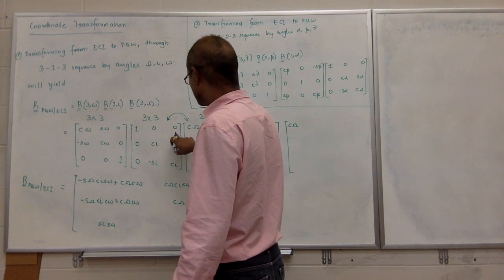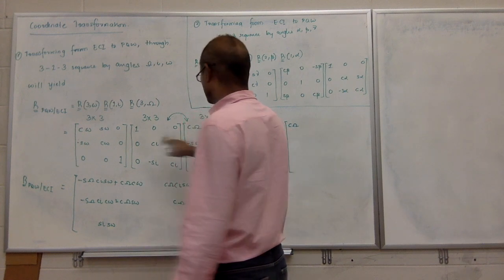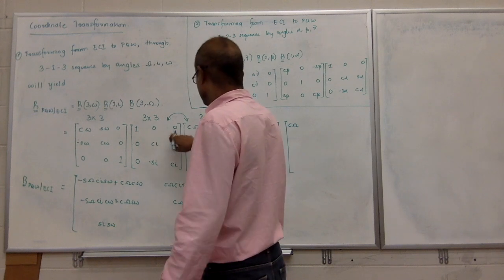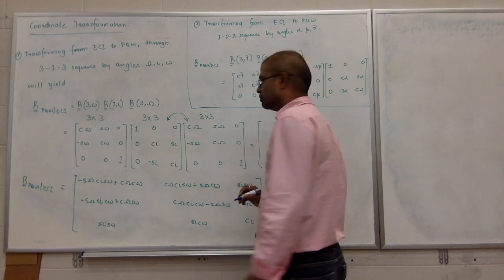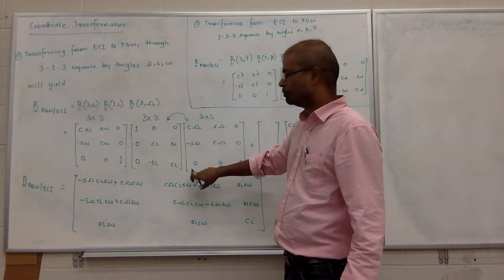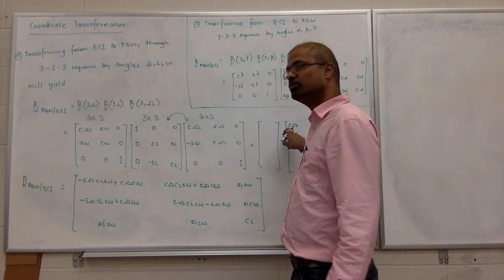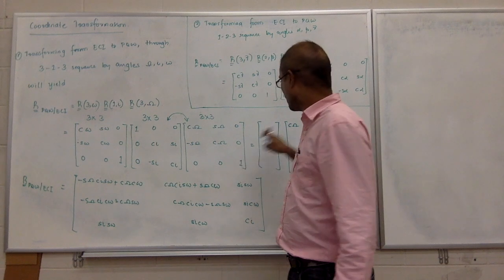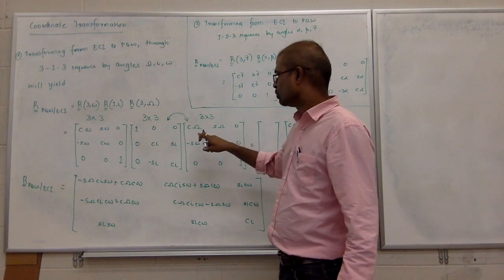Now, let's look at this element. First row, second column. You have 1 into sine omega, 0, 0. This would be sine omega. So you multiply this row into this column: 1, 1, 1, 1, 2, 1, 2, 1, 3, 1, 3.